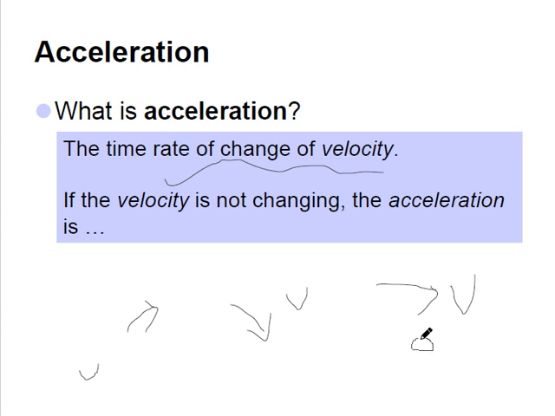Same as your instantaneous velocity is 0 if your slope is the same, if the slope for your position, when we draw the tangent line, remember, in the velocity section. So same as that. If your velocity stays the same over time, then your acceleration is completely 0.